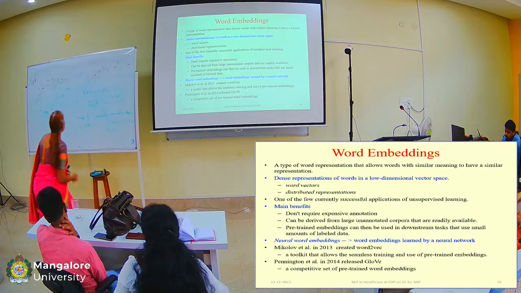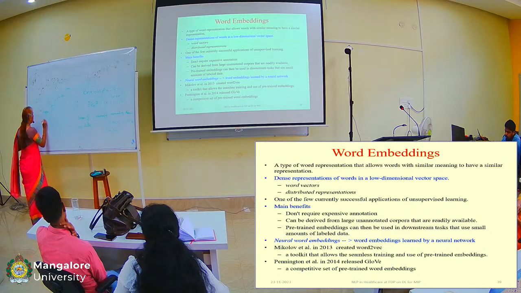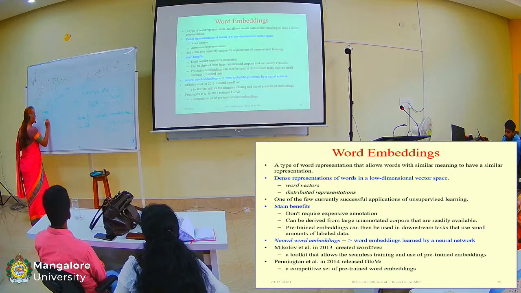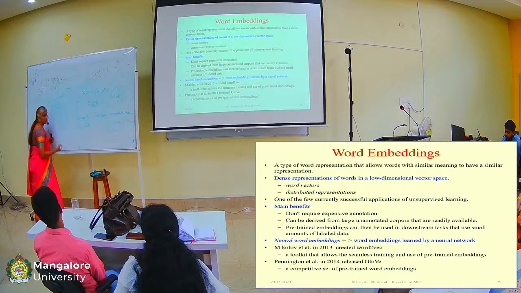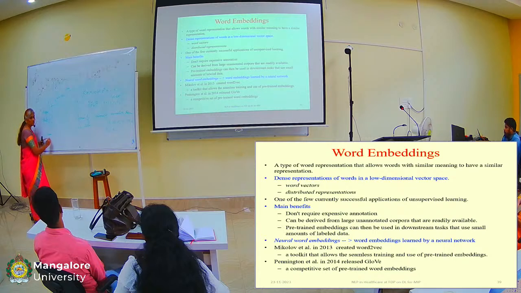Let us say I have apple fruit. You take the representation for apple and the representation for fruit. Now you add these two. If you add these two, this is summing. But usually we do not sum it. What do we do?